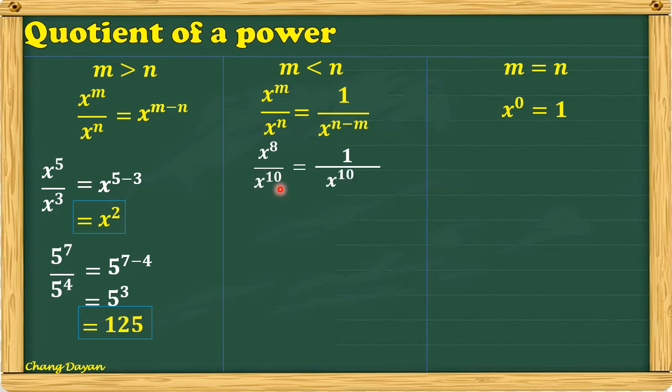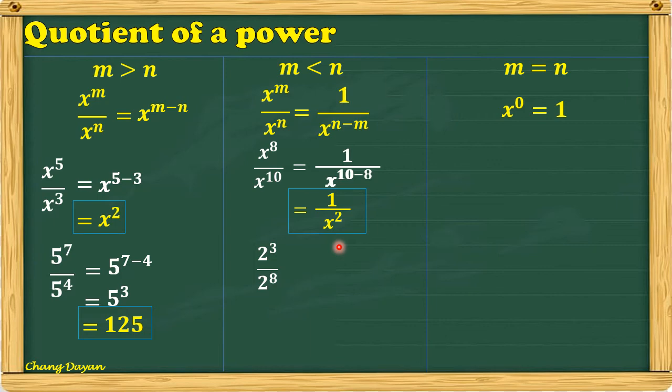So we'll have x raised to 10 minus exponent ng numerator which is 8. So that is equal to 1. Just copy this one. All over 10 minus 8 will get x squared. Therefore, our answer is 1 all over x squared.